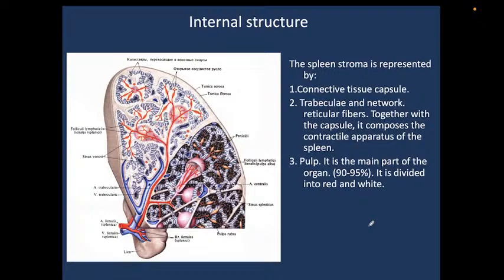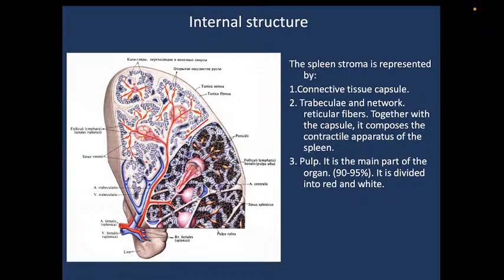The internal structure of the spleen is the same. It has a capsule, usually a connective tissue capsule, and inside the organ come trabeculae and a network of reticular fibers.